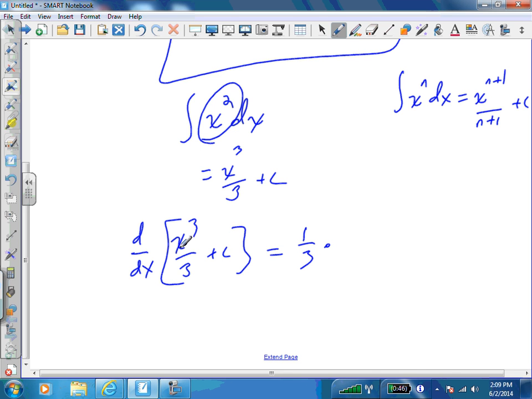The derivative of x cubed, that's just the power rule, 3x to the 1 less power, plus the derivative of a constant, 0. 3 on bottom, 3 on top cancel. So yes, the derivative of this is x squared, which makes this the antiderivative of x squared. This is the function whose derivative is x squared.